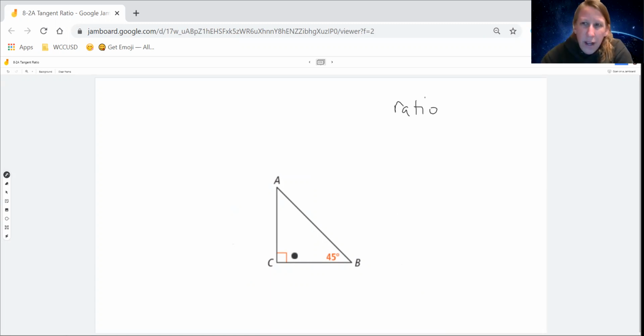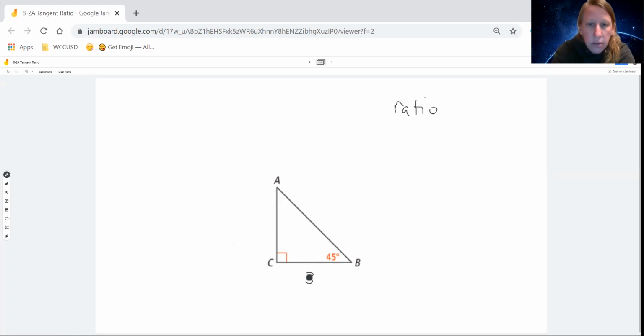A ratio of what? A ratio is a comparison of 2 quantities, usually whole number quantities. So like 3 to 3 is a ratio, and 7 to 7 is a ratio, and 3 to 4 is a ratio, and 1 to 2 is a ratio. So I'm going to look at this special right triangle.